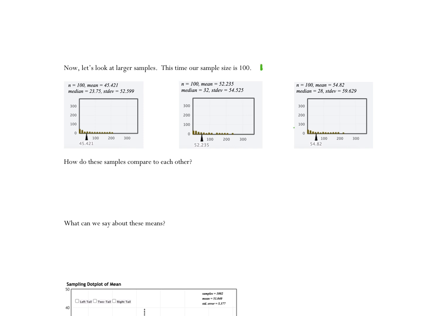now my sample size is 100. Look at these sample means. What would you say about them? They're much closer to each other. And as I look at the shapes of these samples, what can we say about the shapes of these samples?